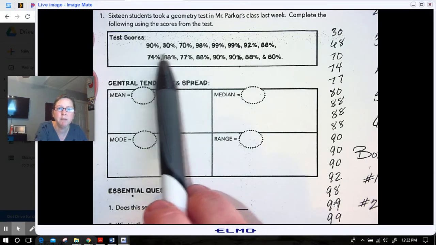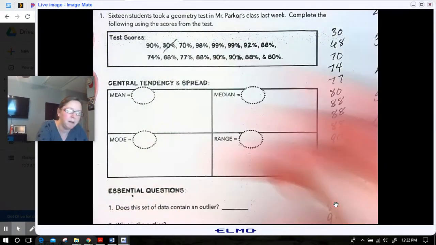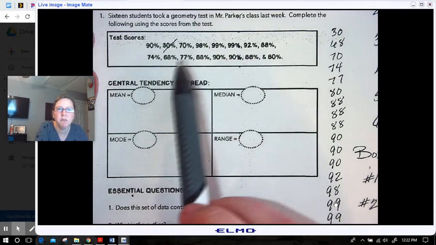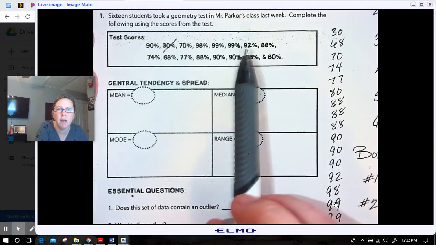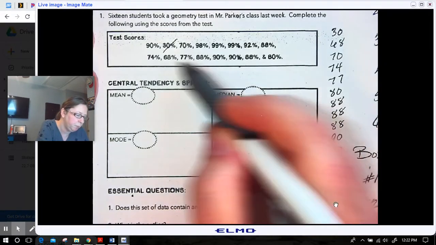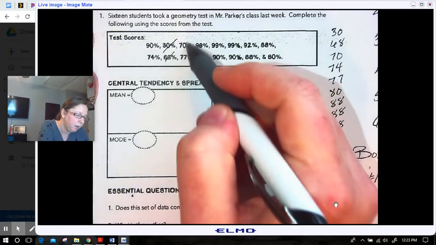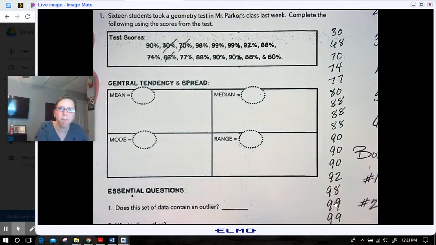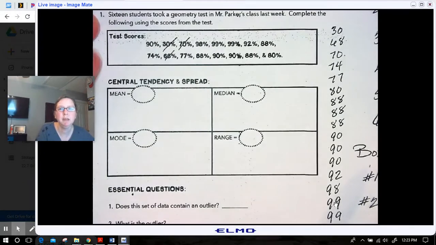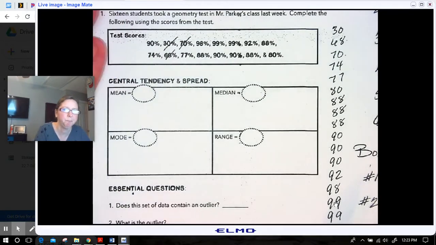So I looked through here and I said 30 was the smallest score, so I put 30 and then I marked it out. And I said, what's the next largest score after 30? And it was a 68. So I put 68 on the list and then I marked it out. And then 70 and marked it out. Okay, so it's easy to rearrange these numbers in order.